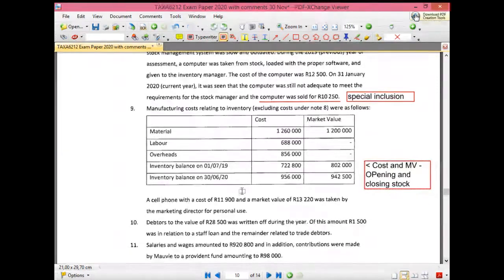And we are allowed to deduct all of it. We deduct the opening and we add back the closing. So this one we would deduct, and this we would add back. If you had to do the framework, the closing inventory would form part of your gross income.